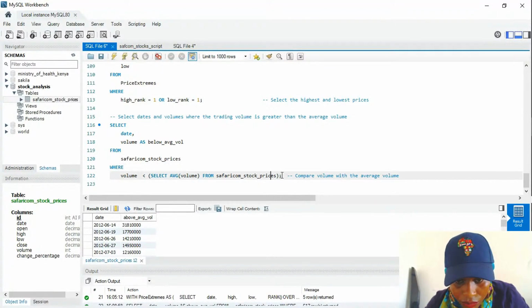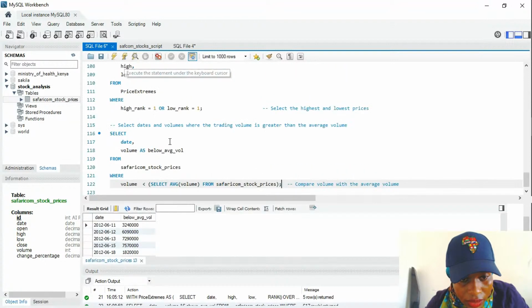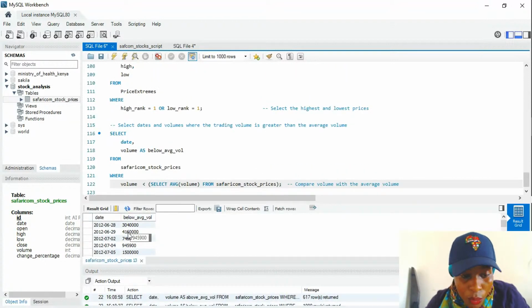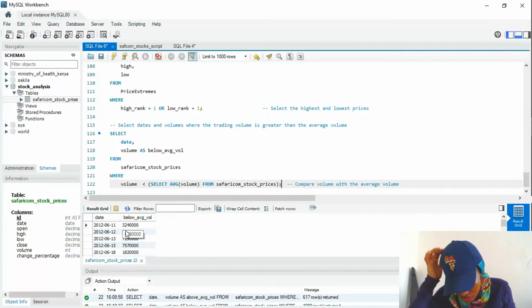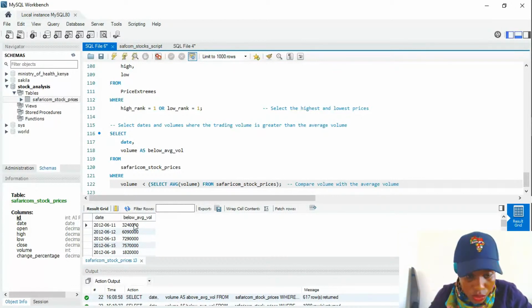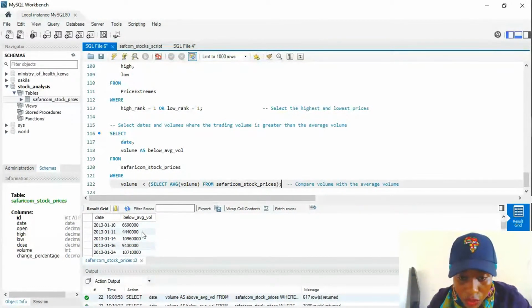Yeah, and now we have the dates that traded below average. And I think I'd written our average trading volume here was 1,156,000. So you realize these ones had below average trading volumes.